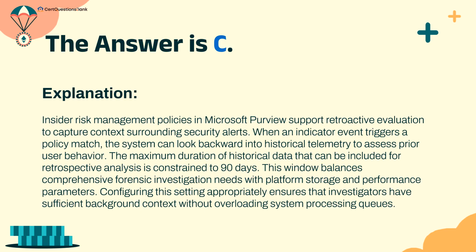The maximum duration of historical data that can be included for retrospective analysis is constrained to 90 days. This window balances comprehensive forensic investigation needs with platform storage and performance parameters. Configuring this setting appropriately ensures that investigators have sufficient background context without overloading system processing queues.